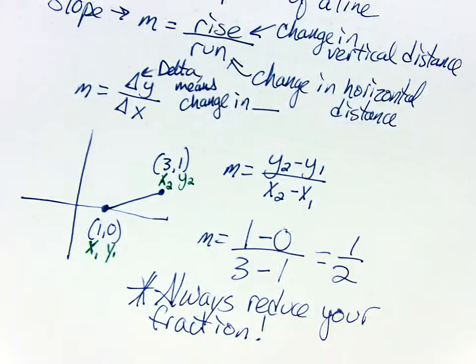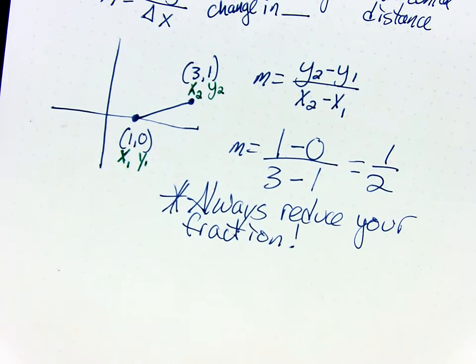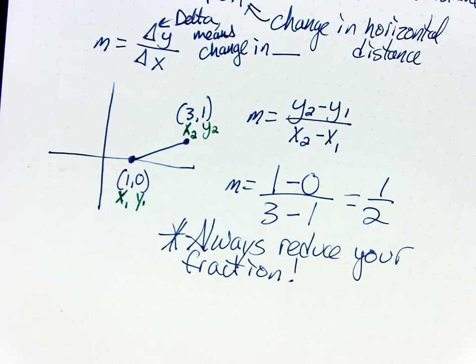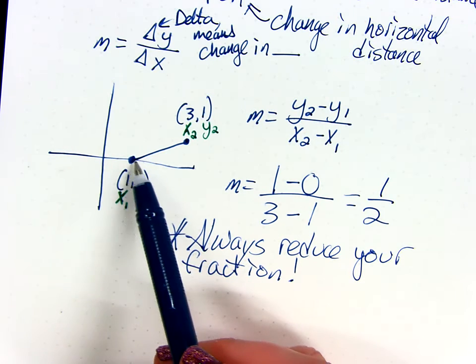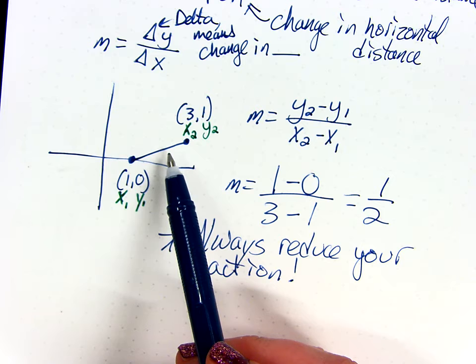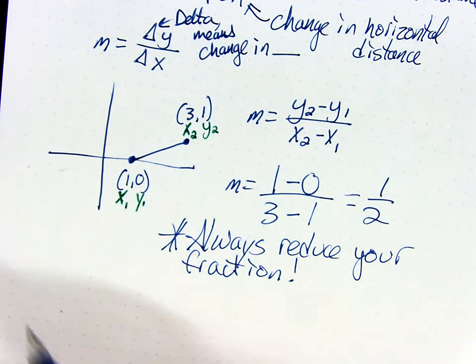What kind of numbers can slopes be? Let me rephrase that. Could I have a negative slope? What would that look like as far as the graph is concerned? Exactly. As I'm going from left to right, this line is going up, so it has a positive slope. If the line were going down from left to right, it would have a negative slope.